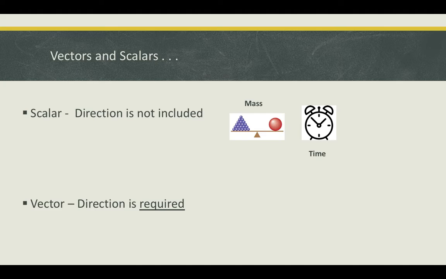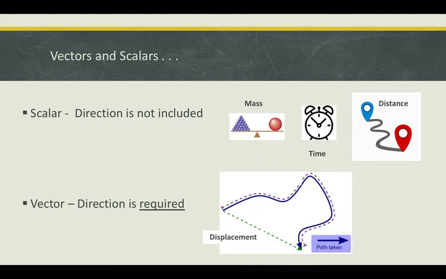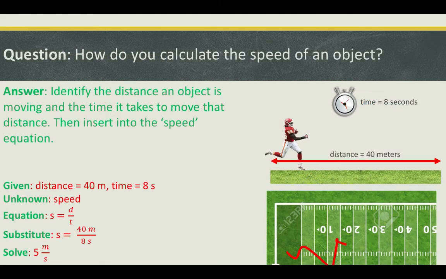So we can't talk about moving back in time unless we're in a movie or something, which isn't true. So time is a scalar. As we talked about on the last screencast, distance is a scalar as well. However, displacement is a vector because in order to know the displacement of an object, you must know the direction involved. So scalars do not require directions, but vectors require directions.